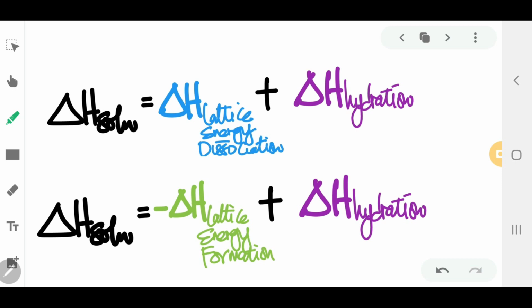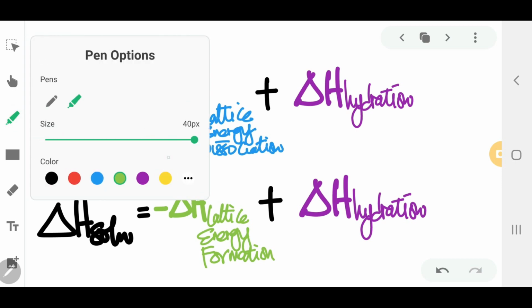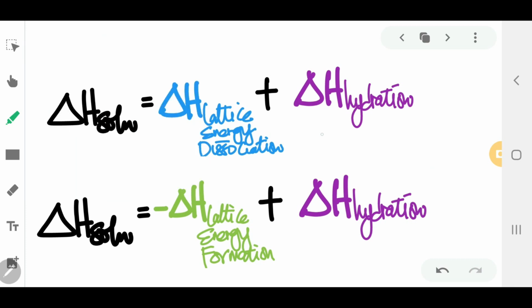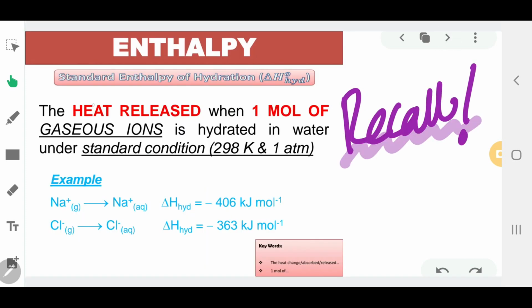But when you look at both formulas, we will notice that both of them have the same delta H hydration. So what is enthalpy change of hydration? We have talked about this in the previous video when I explained the 7 enthalpies. Just to recall, the enthalpy of hydration is defined as the heat released when you have 1 mole of gaseous ions hydrated in water.